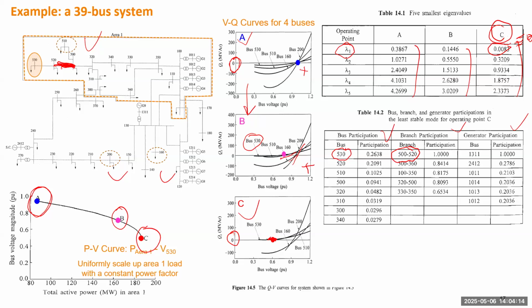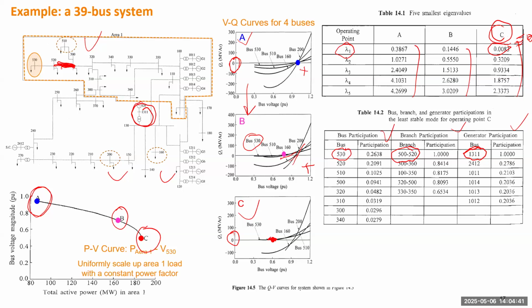For the generator participation factor, top one here is 1311. 1311 is a generator at that location. It's outside the region, but it has highest participation. So if you cannot do any control in the area, this will be the generator where you can utilize to get more reactive power.